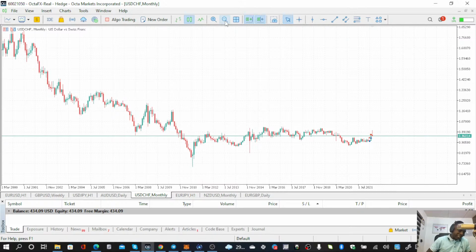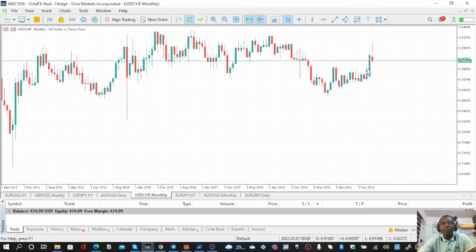Obviously here we can see that the market structure is a downtrend. But when you look closely, you discover that the last candle to the current candle is very, very bullish.